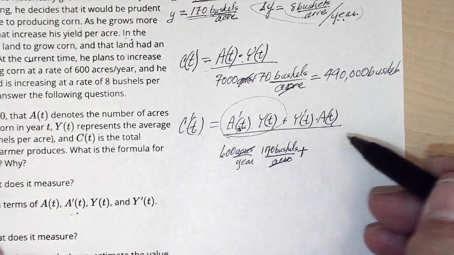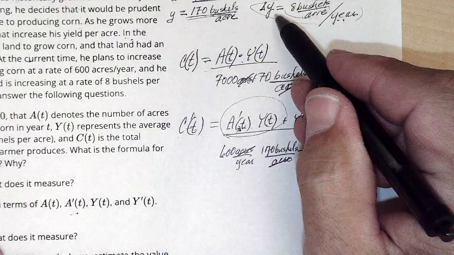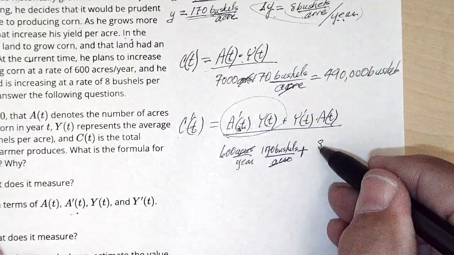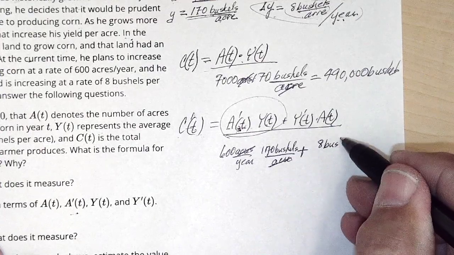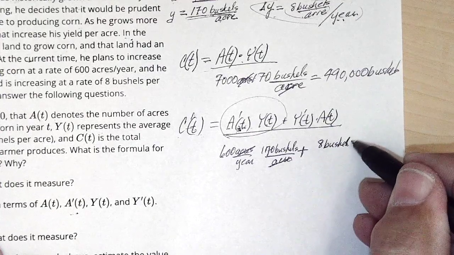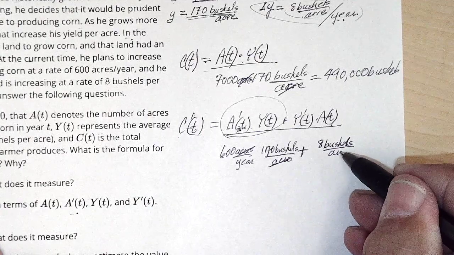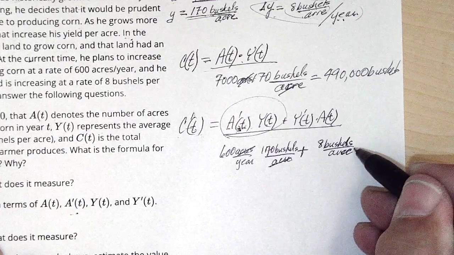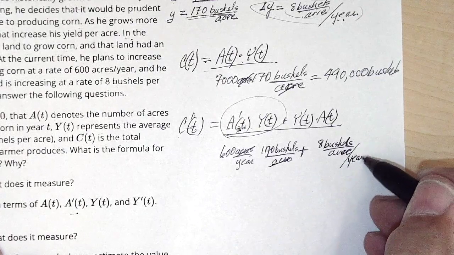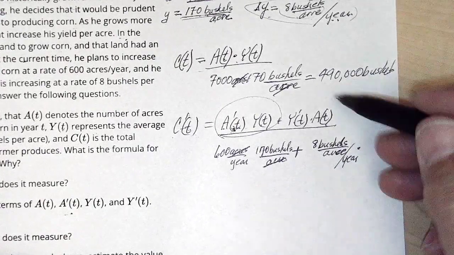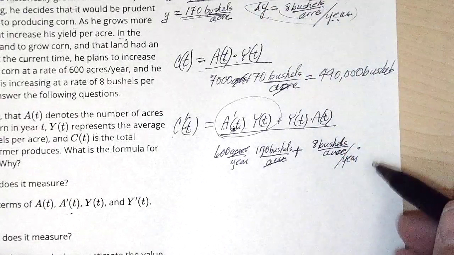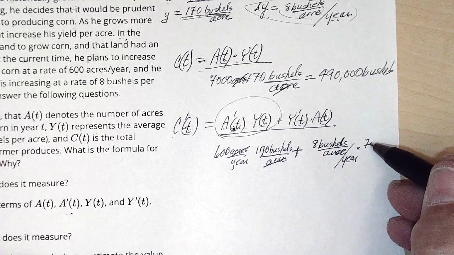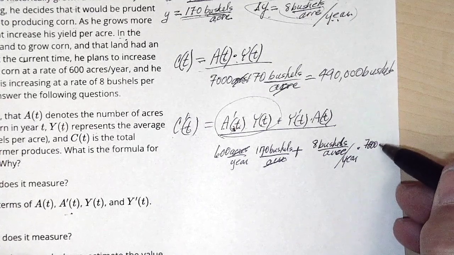Plus, I also get the change from increasing the number of bushels per acre per year. So that's 8 bushels per acre per year times the number of acres I have, 7,000 acres.